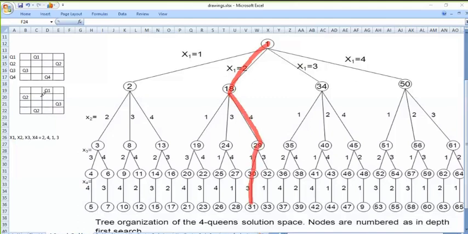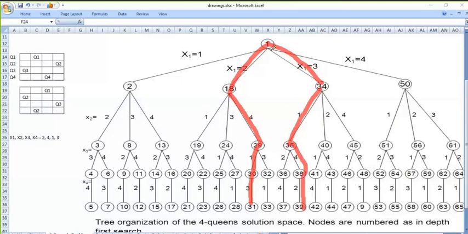Second one: x1 is 3, then x2 is 1, then x3 is 4, the fourth column, then x4 is second. So this is another solution.